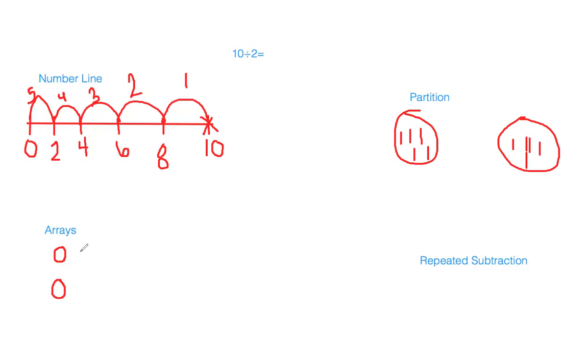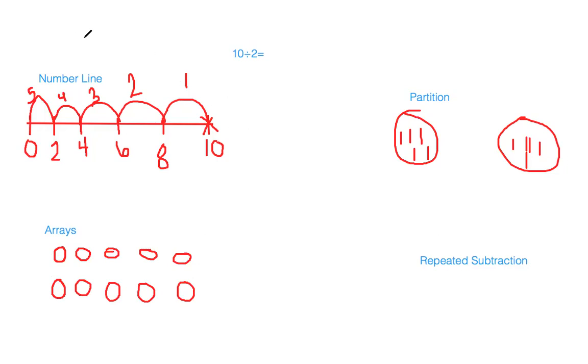So I have 1 and 2, and I'm going to go 3, 4, 5, 6, 7, 8, 9, and 10. And so now I have 2 even rows, 10 total pieces, and 5 in each of those rows, which shows me 10 divided by 2 is 5.